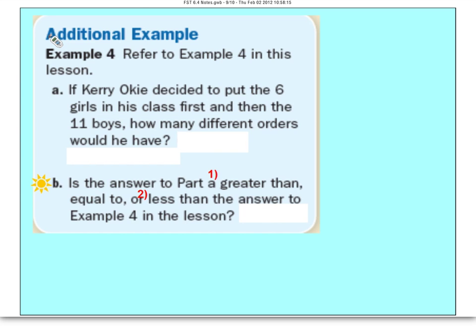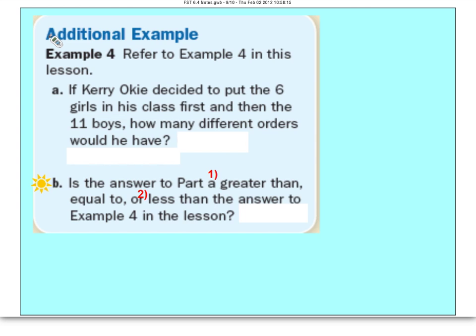Okay, let's take the 17 students and mix them up a bit. In this example, he decides to put the 6 girls in his class first, and then the 11 boys. How many different orders would he have for this? Well, again, let me show you the spaces way and the shorthand calculator way.